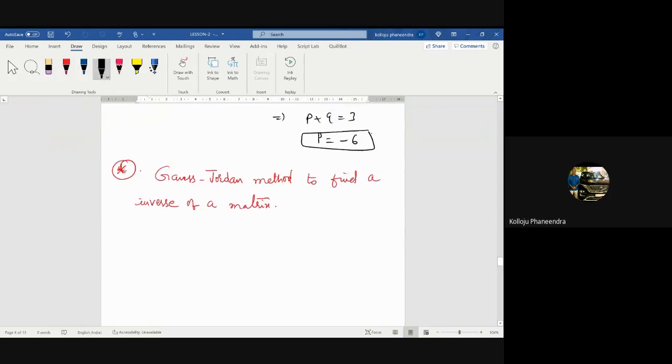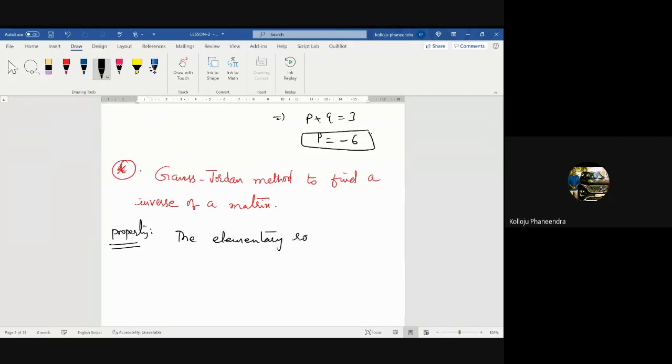The procedure is here. The property is here. You write this. The property is the elementary row transformations. Always row transformations.